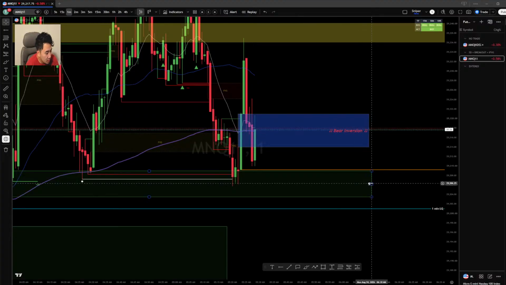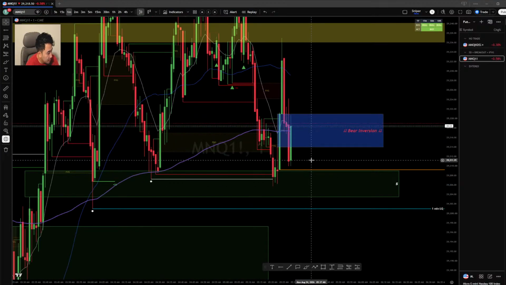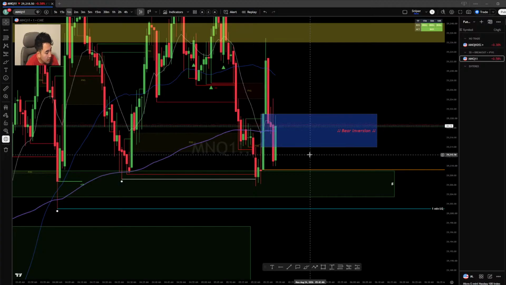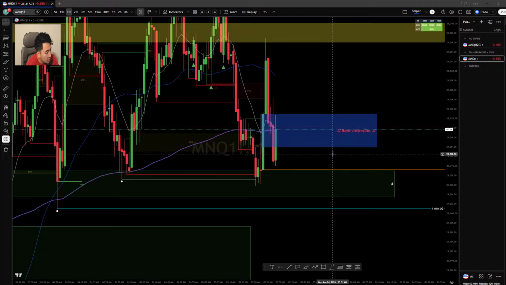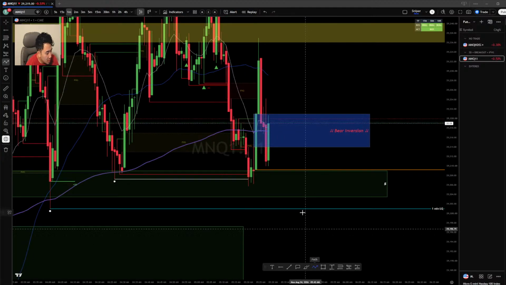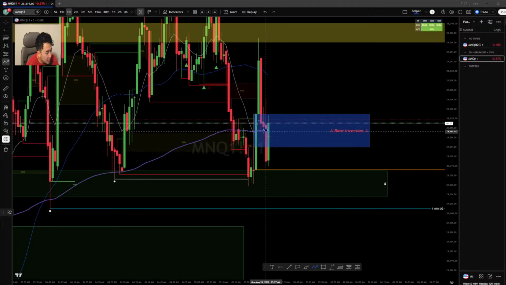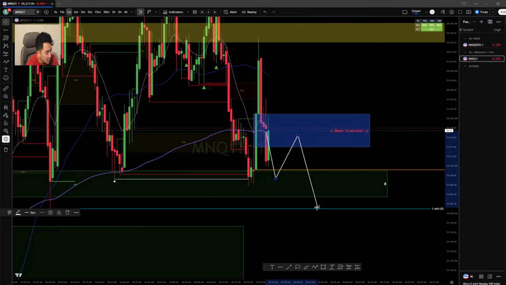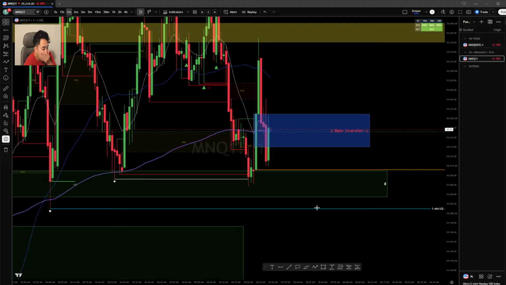So I would kind of want price to hold this zone, come back down, close over this orange line, come back up, look for an entry, and then target this 1 minute liquidity down here.